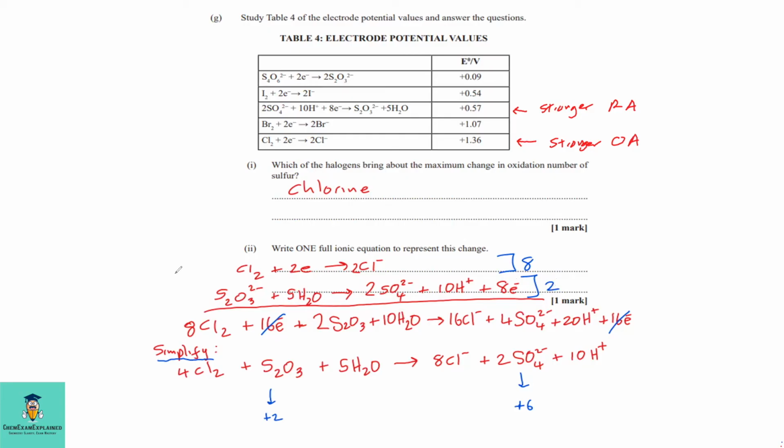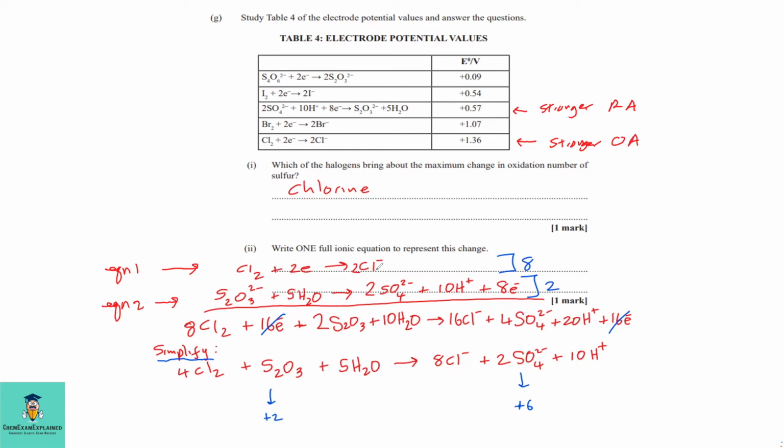So equation 1 is this one, and this is equation 2. So when we multiply equation 1 by 8, we get 16 electrons, and we multiply right throughout. When we multiply equation 2 by 2, we get 16 electrons.